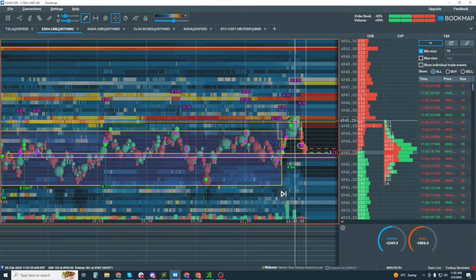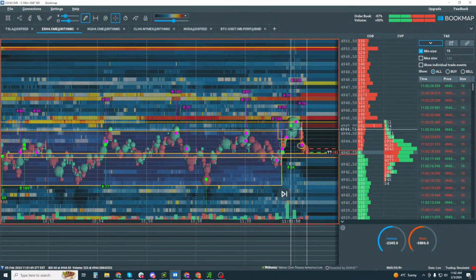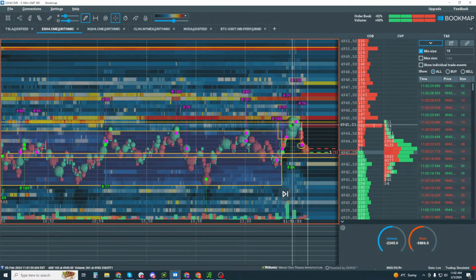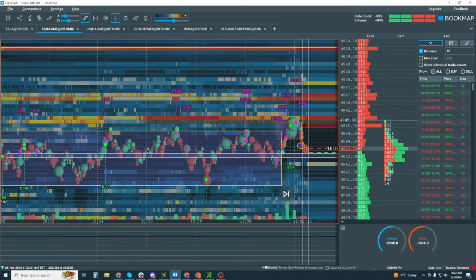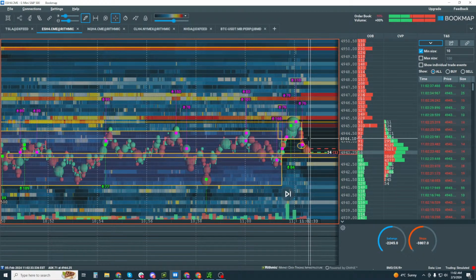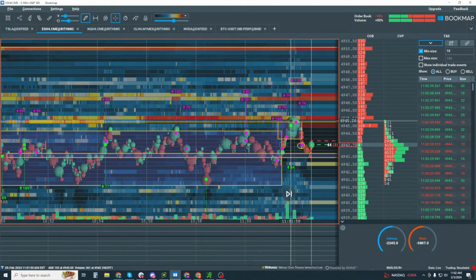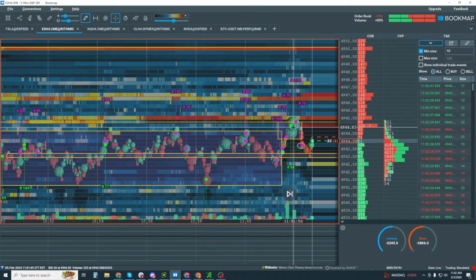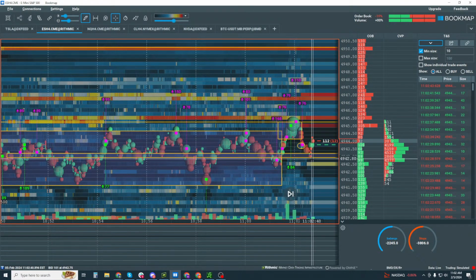What's nice about this move, and this is Slowdown's setup, is you've got this fuel: these breakout buyers are going to have to be sellers.